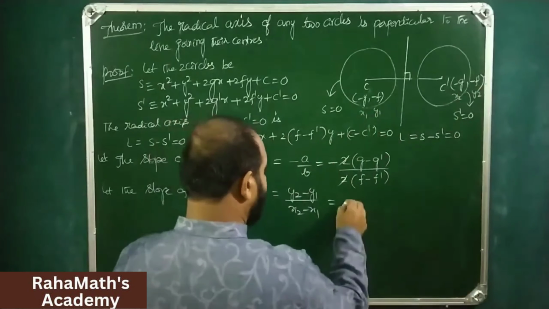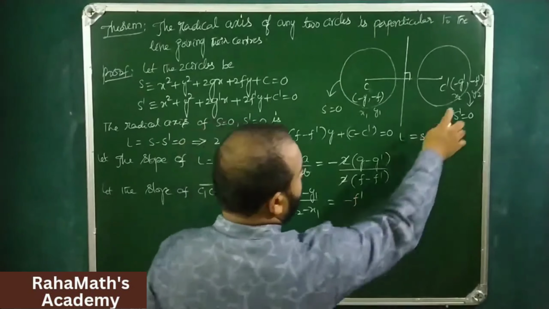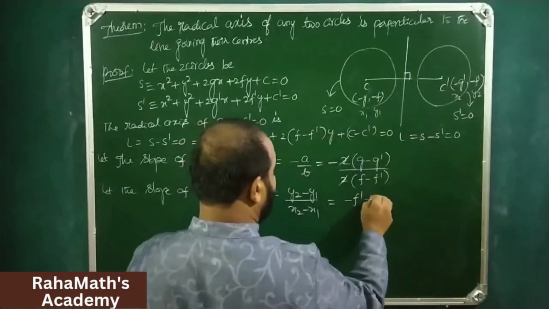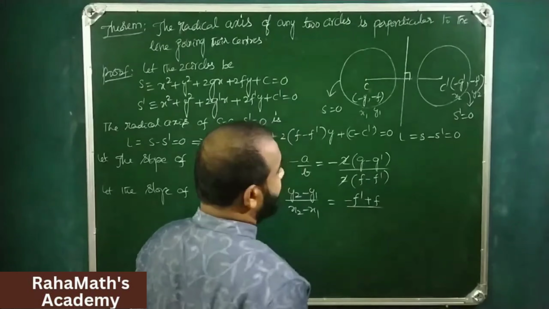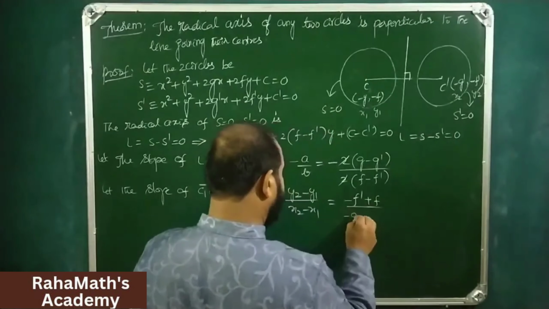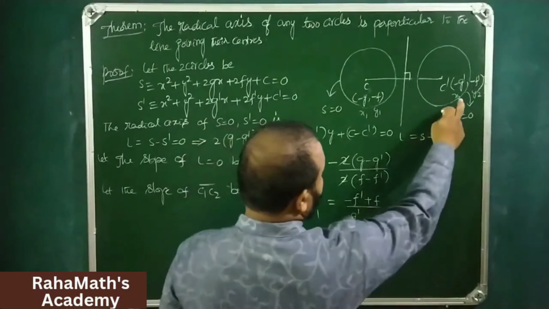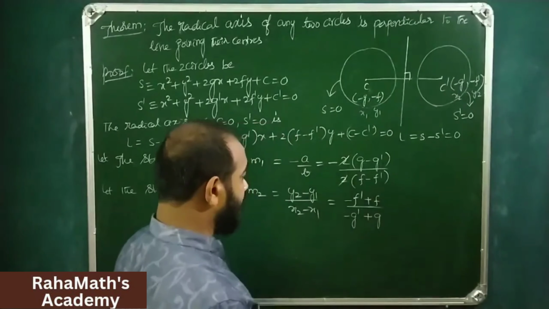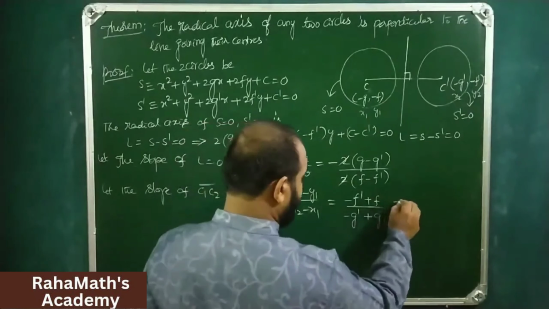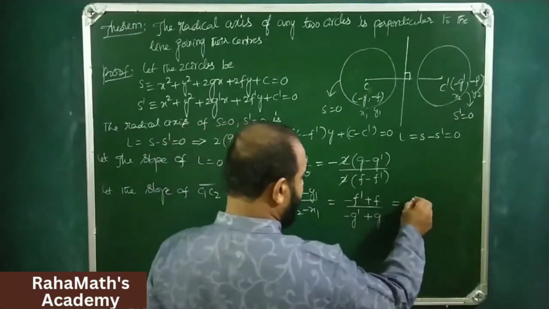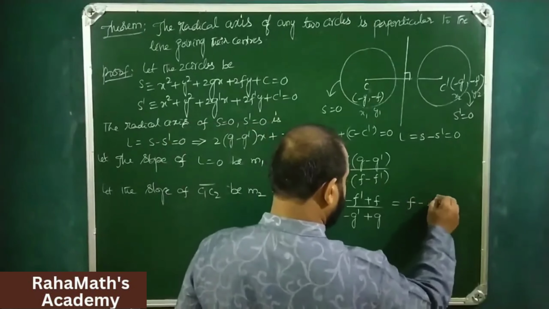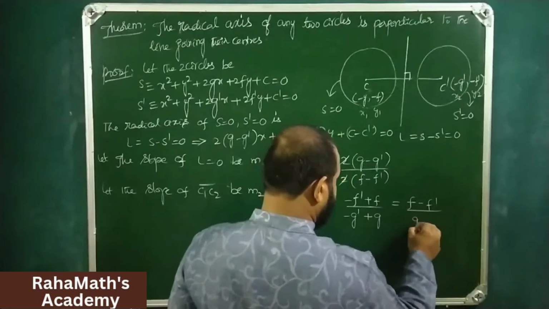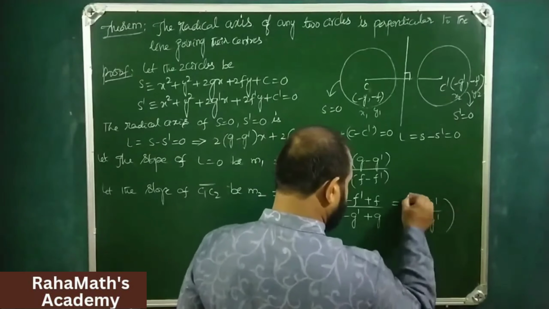So minus f dash, minus of minus, plus f, by x2 minus x1, minus g dash plus g. So this is equals to (f minus f dash) by (g minus g dash).